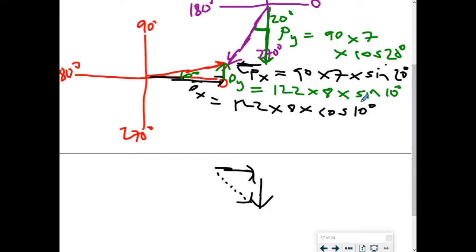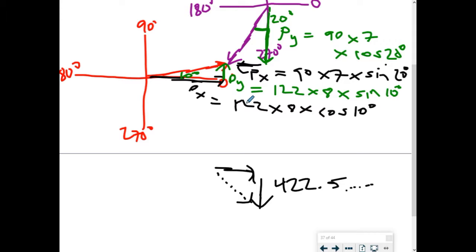In the y direction, I have a very, very large y component going down, a small amount of y component going up. When I subtracted them, my net in y was this. I got 422.5 or so as the net of my y values. And that was me taking this calculation right here, 90 by 7 by cos 20, and subtracting the 122 by 8 by sine 10. The net of that was 422.5. Anybody else get that? Okay, good.